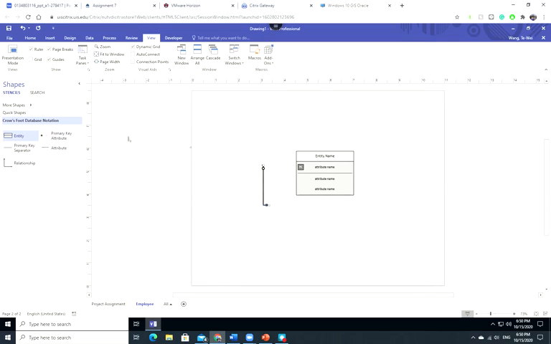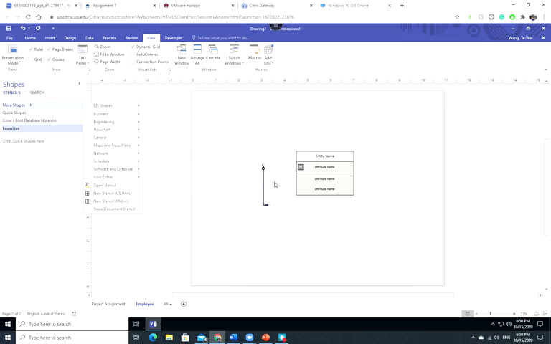One of the things to do is, let me show you how to do that on this occasion. If you go to your stencil, the quick shape stencil, you can go to more shapes, and there's a category called My Shapes, right? The default is Favorites, and this is the place where you can create a customized shape. In this case, we have a customized shape because we changed the thickness of the relationship.